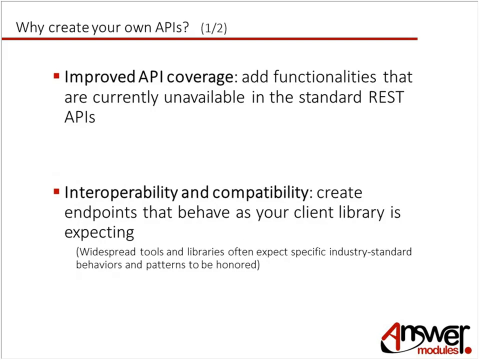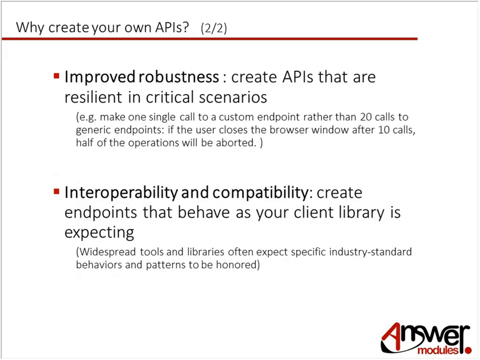This is also true for another aspect, which is robustness. So many times the client code runs in places that are out of your control. For example, in the user's browser.